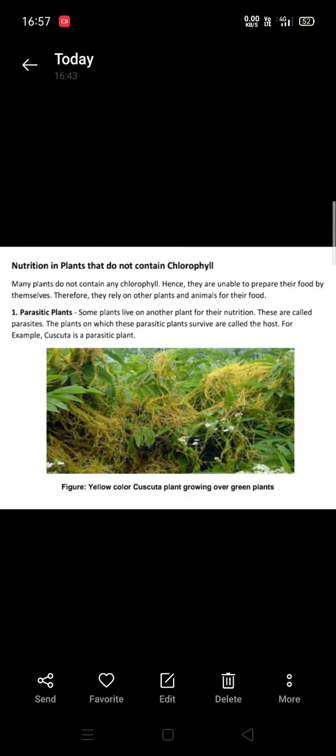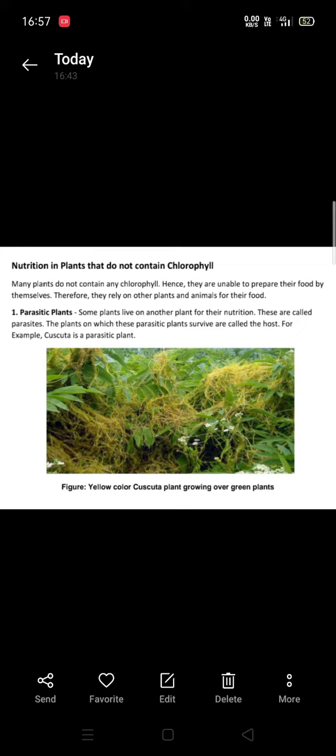Nutrition in plants that do not contain chlorophyll is heterotrophic nutrition. Heterotrophic nutrients are found in some plants that do not contain chlorophyll, like human beings and other non-green plants.